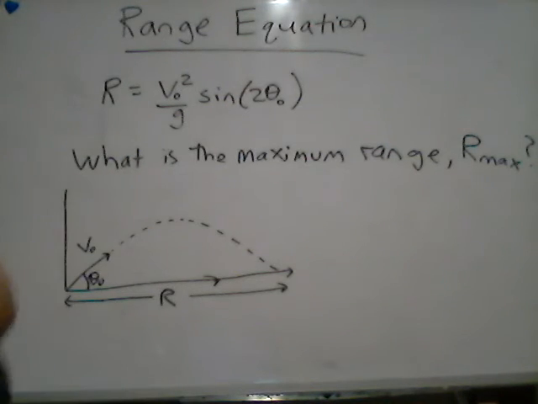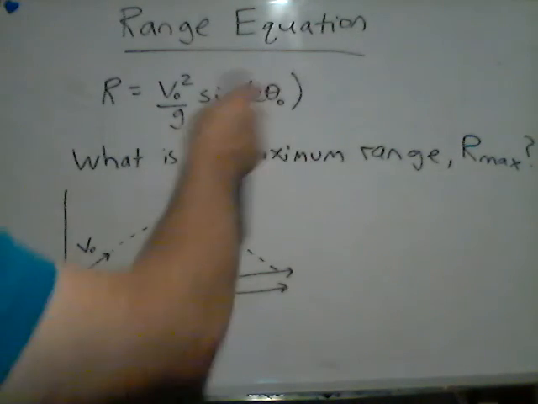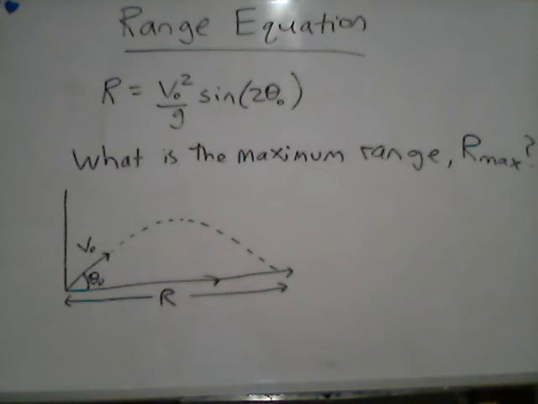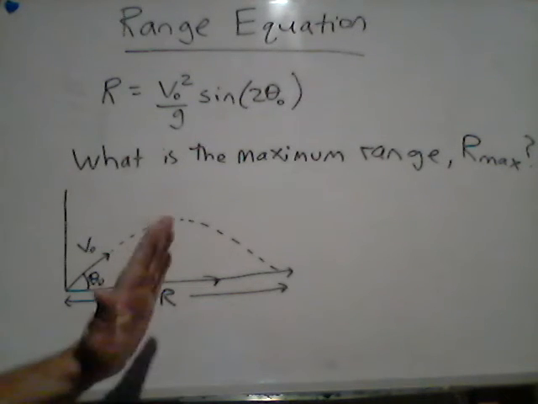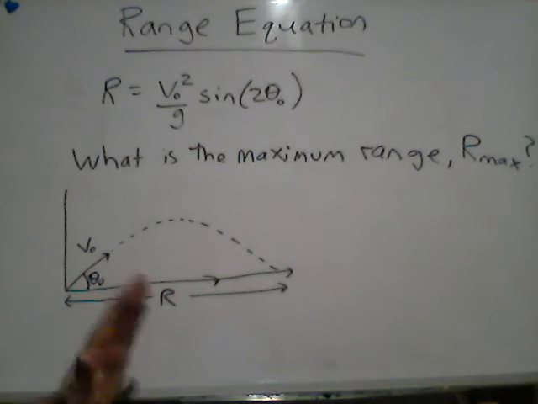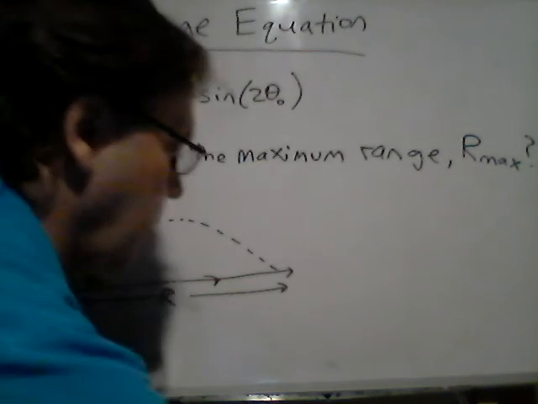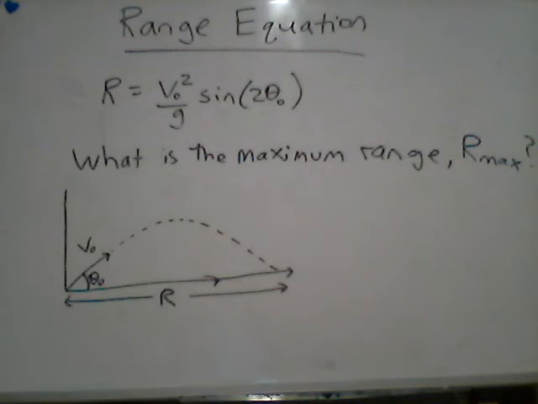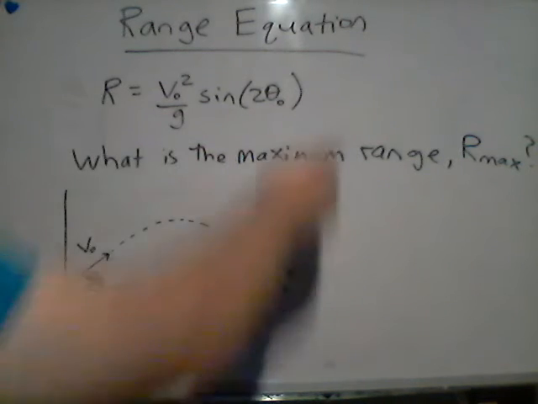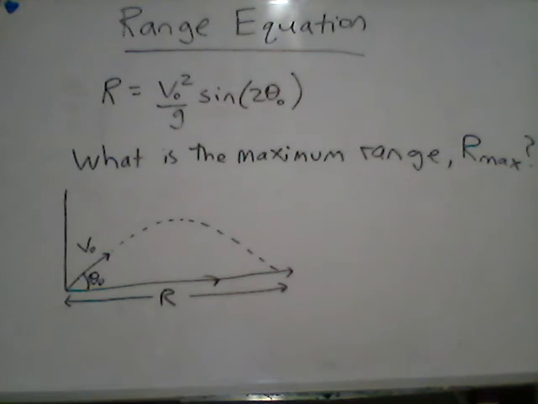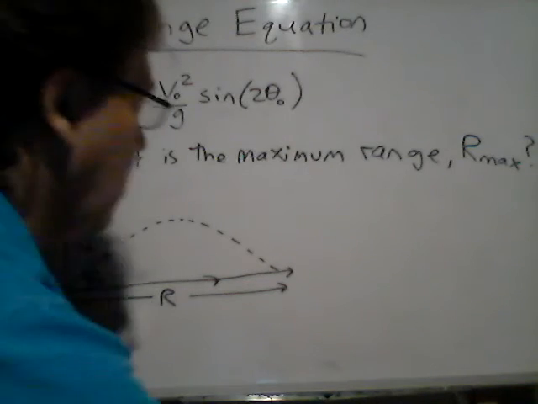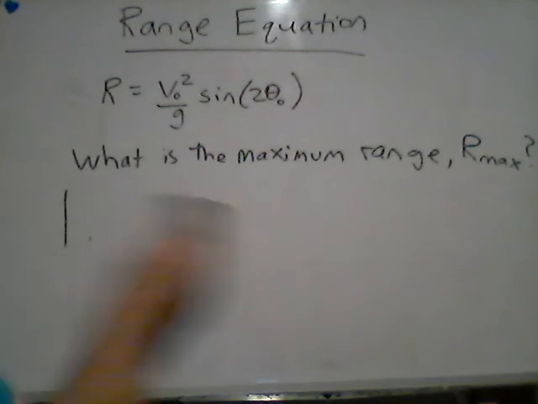G is gravity. And so the only variable you really have is how you aim the cannon. To get a maximum value of R, you have to get a maximum value of this sine function. And so the question then would be, what is that maximum value?